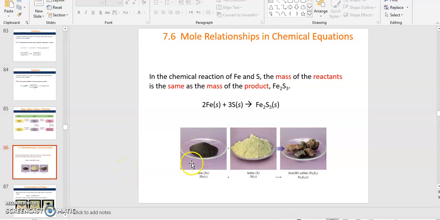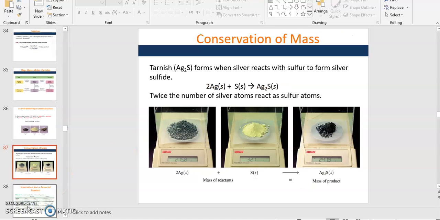As you can see here, this is a balanced equation, and you can see that this is 2 moles of Fe plus 3 moles of sulfur, and you get 1 mole of iron(III) sulfide, or Fe2S3. Again, these are the amounts in moles, and you can see the grams are totally different. So moles is another unit.